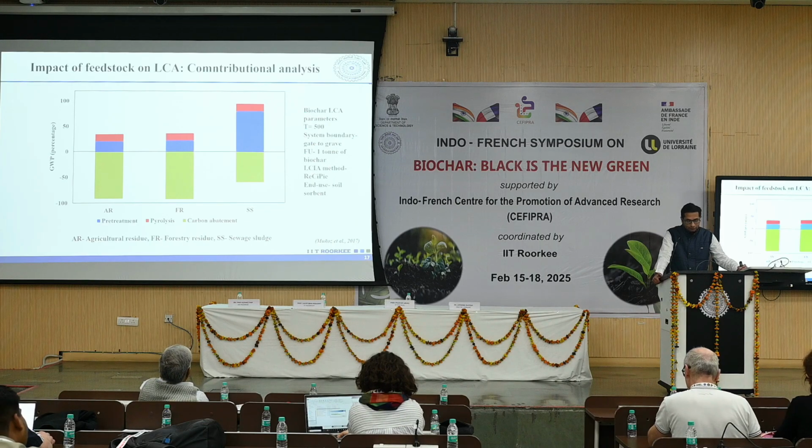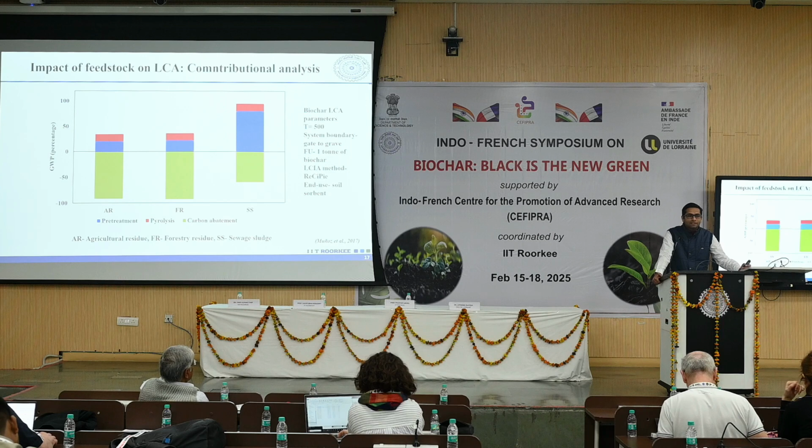It also shows the CO2 emissions that come from the different kinds of feedstocks. Herein you are looking at the difference between agricultural residues, forestry residues, and sewage sludge, which would have a different profile. Sewage sludge, which comes from the wastewater of sewage treatment plants, when used for the production of biochar, would have biogenic carbon to a lesser extent.